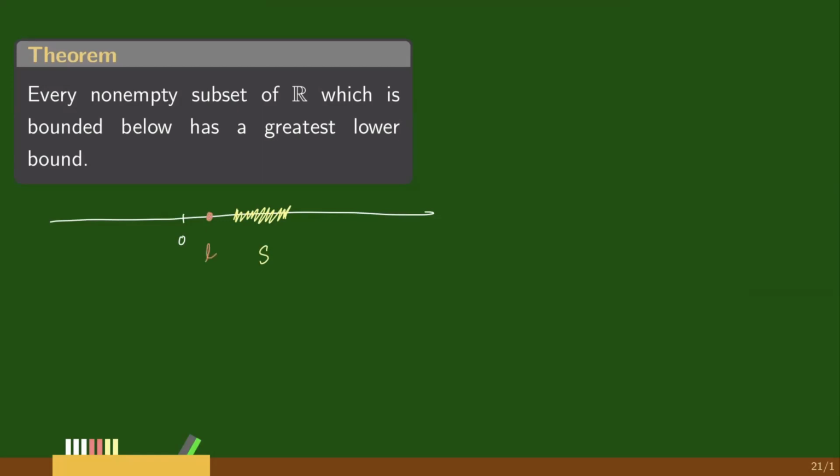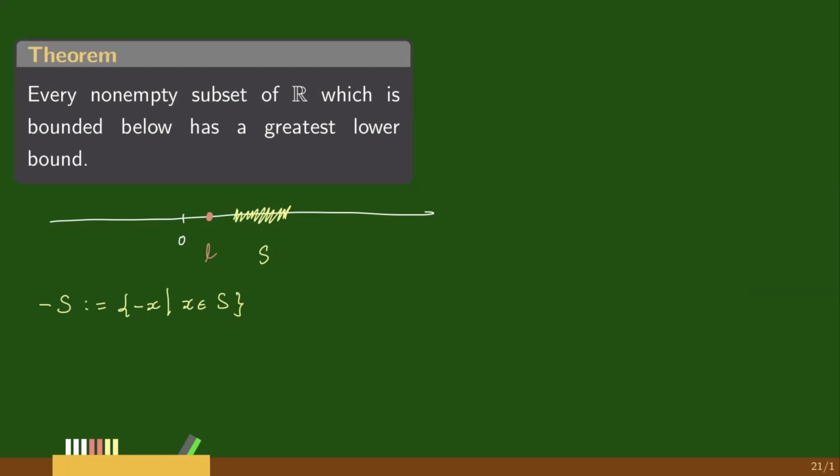Now, what I'm going to do in the proof, pinapakita ko na sa inyo yung proof in general, para pag nabasa natin yung proof, masusundan ninyo ng mas mahusay. I-consider natin yung mga negatives ng mga nasa S. I-define ko yung minus S to be the negatives of those that are in S. Kukunin ko yung mga negative ng mga nasa S. And in my diagram, where is the set minus S?